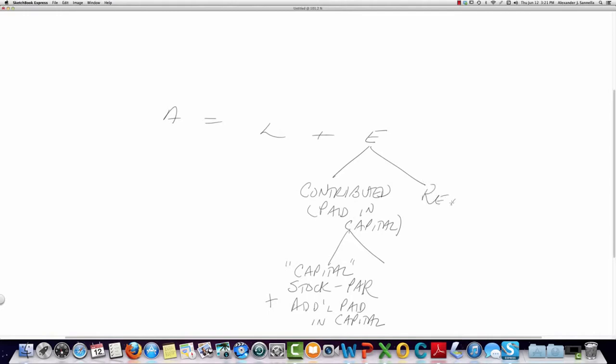The other element that we're going to look at is retained earnings. And as we said, retained earnings is going to be equal to net income or loss minus dividends.